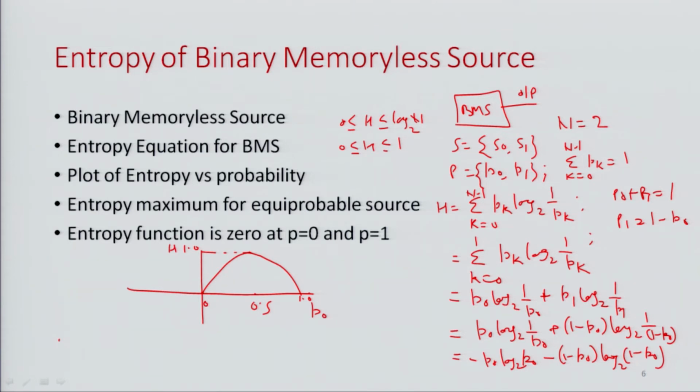Certainty is maximum at that point, because one symbol having probability 0 means the other is most probable. Similarly, when p0 equals 1, certainty is maximum and uncertainty is 0. This is the binary memoryless source and its properties.